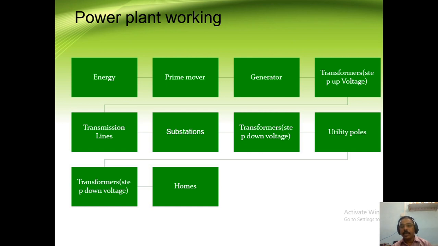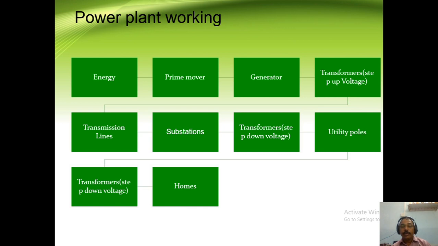The generator is connected to the transformer, where step-up voltage is done. From there, the power goes to the transmission lines. From the transmission line, it goes to the substations. From the substations, it goes to the transformer where step-down voltage is carried out.